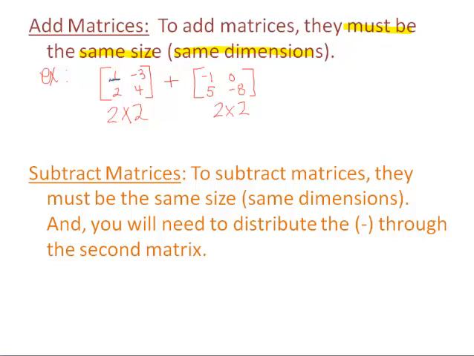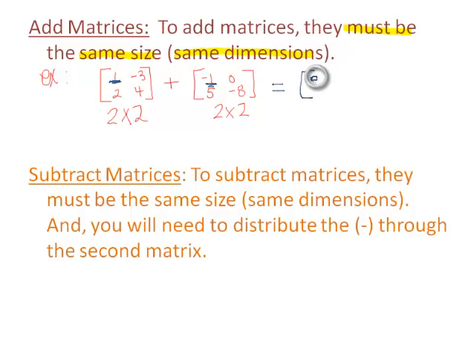So I'm going to add 1 plus -1 because those correspond together. My new matrix, in the first position, I'm going to have 1 plus -1, which gives us 0. It's an ugly looking 0. Go ahead and try and make that a little bit better.